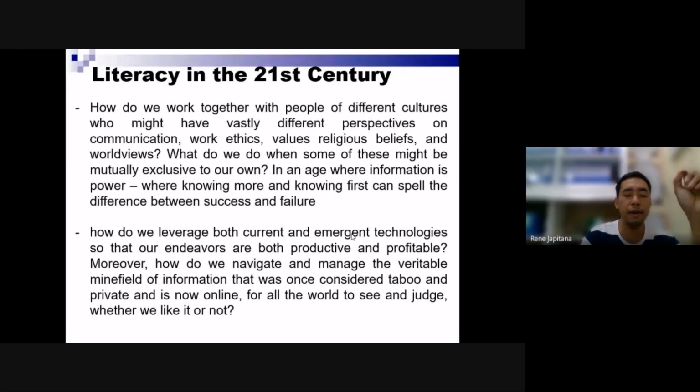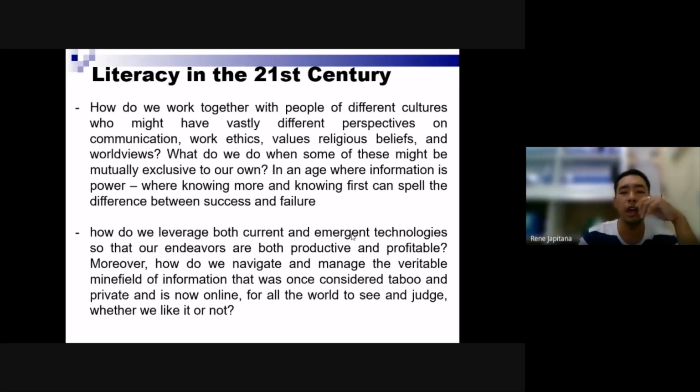How do we leverage both current and emergent technologies? How do we leverage the emergence of technologies so that our endeavors are both productive and profitable? So the 21st century skills are not only for education, not only limited to education students. This is good for all, especially in business and economy, so that we will become more productive and profitable. Moreover, how do we navigate and manage the veritable minefield of information?